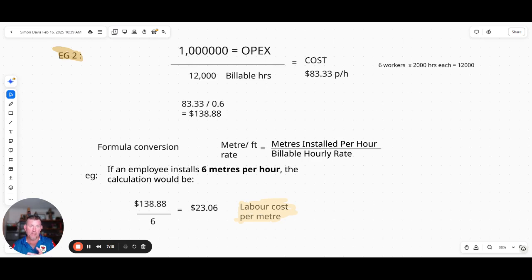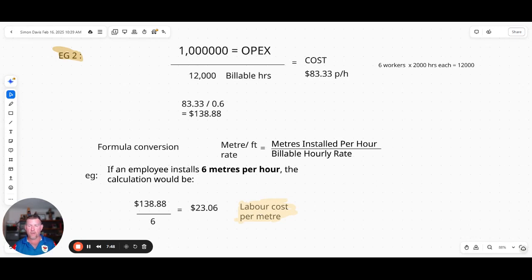It can change with the number of people you've got on site, because now if you're charging $23.06 per meter for, say, a timber paling fence, and you have 6 people, they may not be doing 6 meters per hour. They may do 10 meters per hour for the 6 of them. Vice versa, you may have 4 people on one side and 2 people on another side, so your rates have to change accordingly.